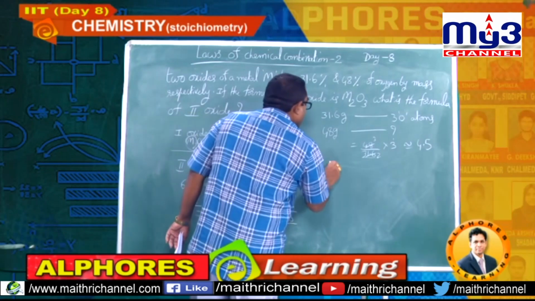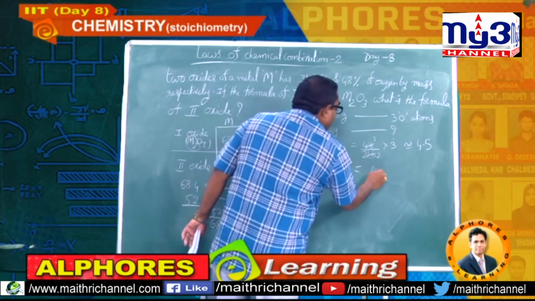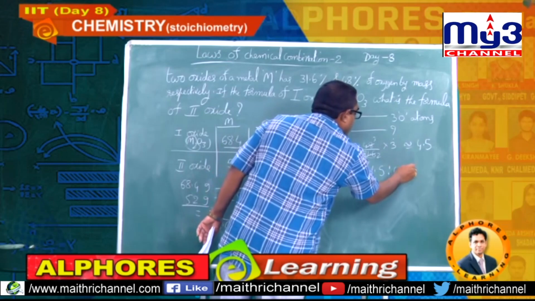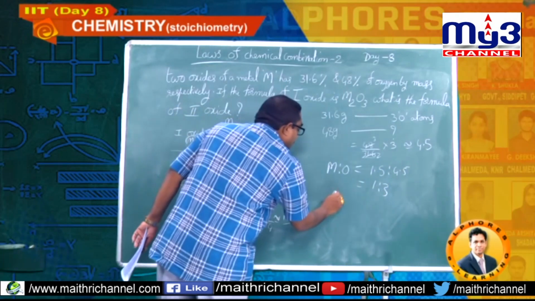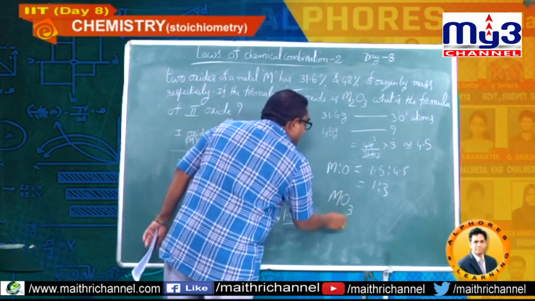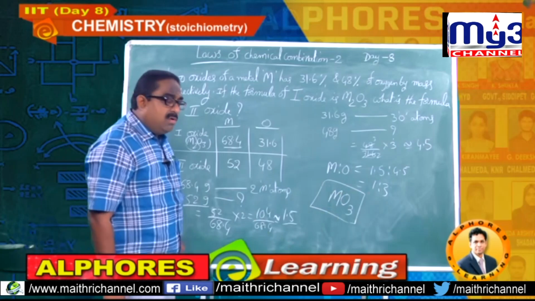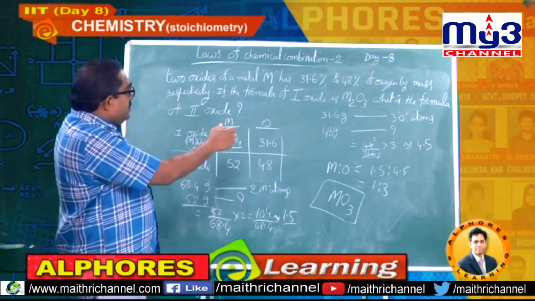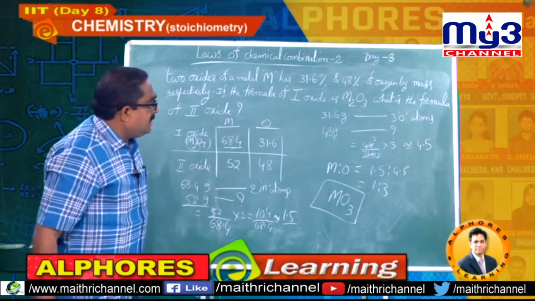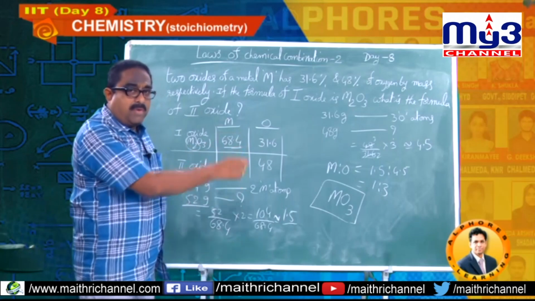So M is to O is 1.5 is to 4.5, that is exactly 1 is to 3. So you can give the molecular formula of second oxide as MO3.